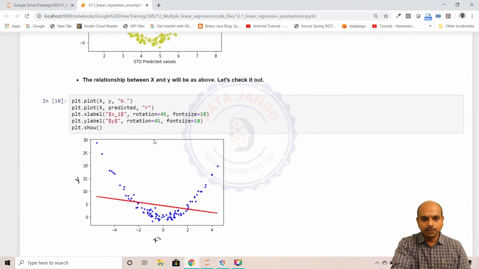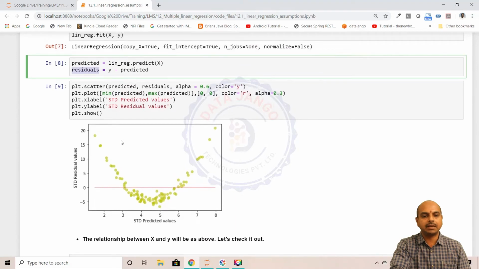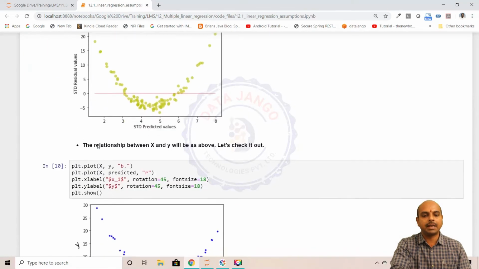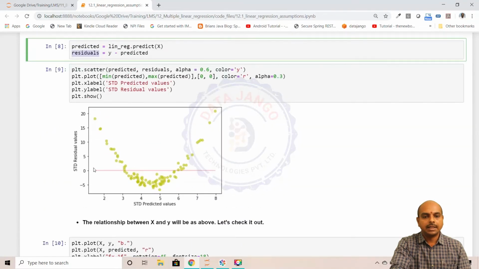So if you look at this, see the data point here, it is around 28 or so, and the predicted value is always going to be on the line, somewhere around 7, right? 28 minus 7 is the error. So when the dot is far, the error is also going to be far from 0.